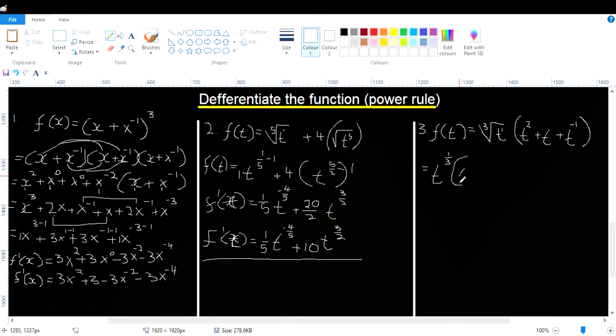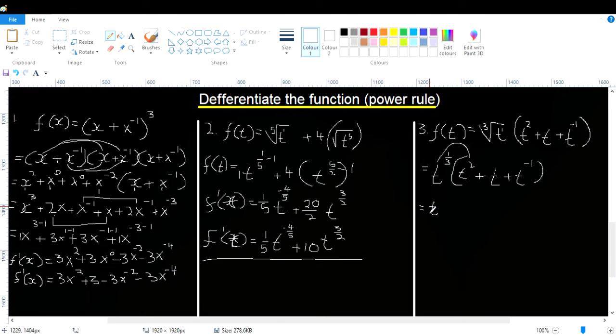Then we have t squared plus t and plus t minus 1. Then here we're going to multiply t to the power 1 over 3 multiplied by t squared.